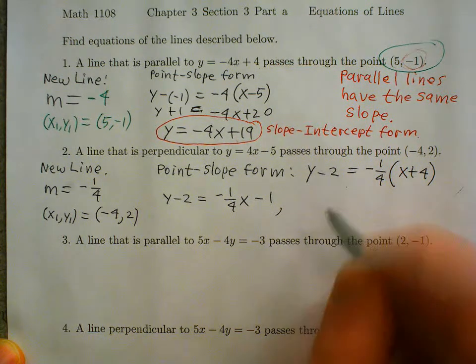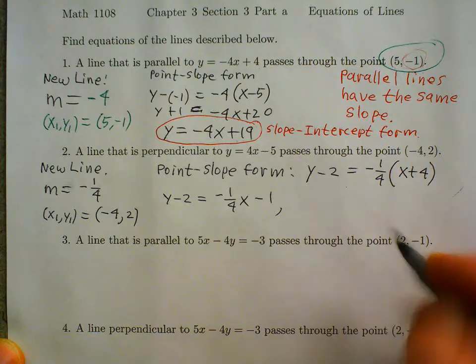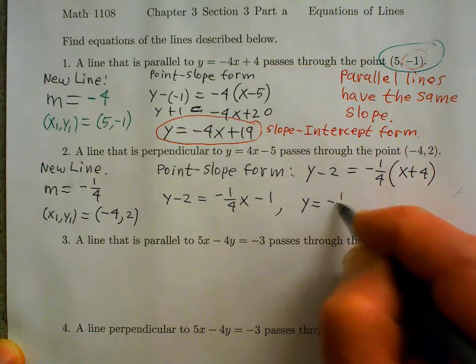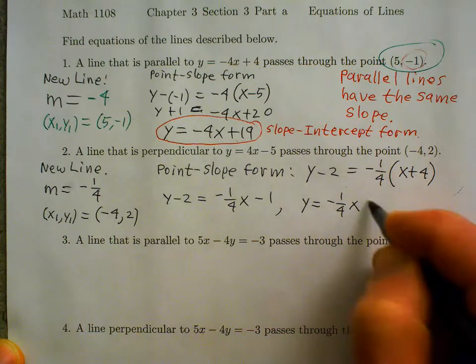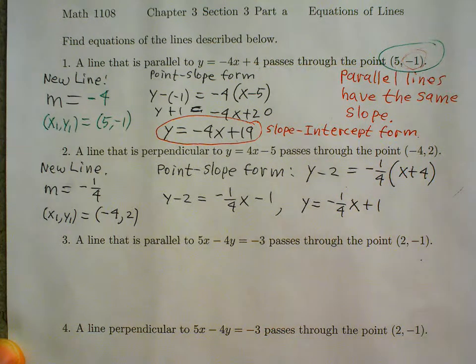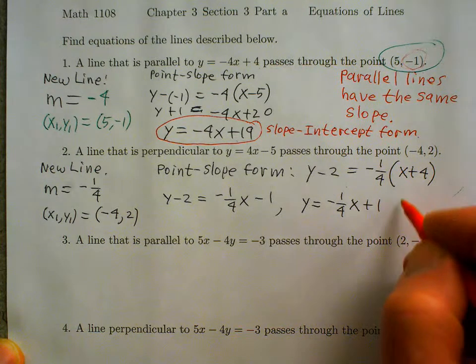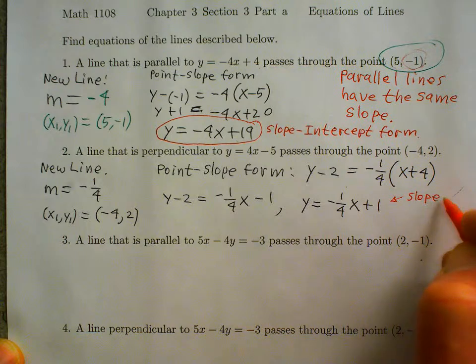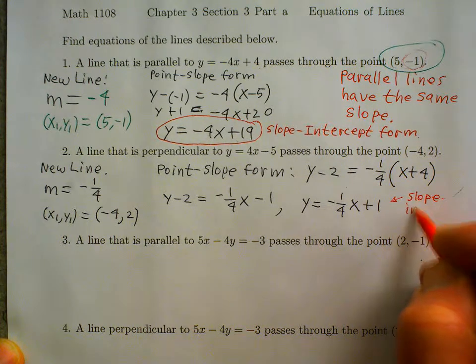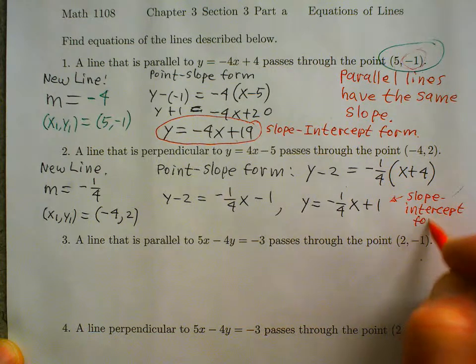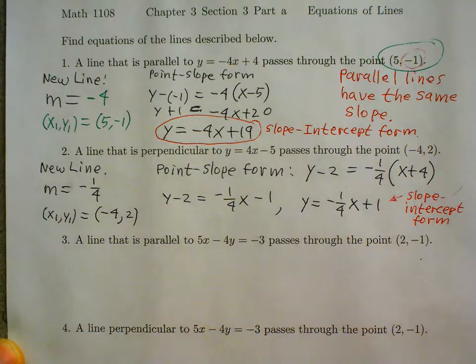And then finally, we add 2 to both sides, and we get y equals -1/4 x plus 1. So this is the slope-intercept form, y equals mx plus b.